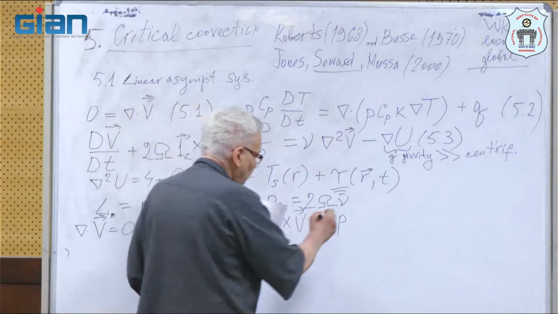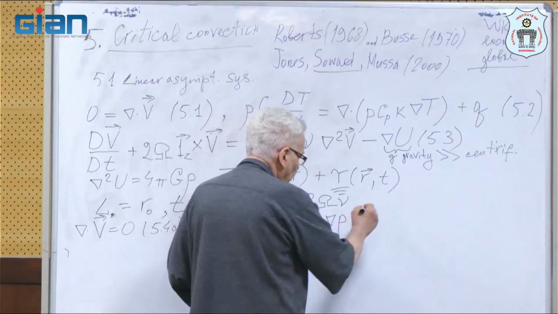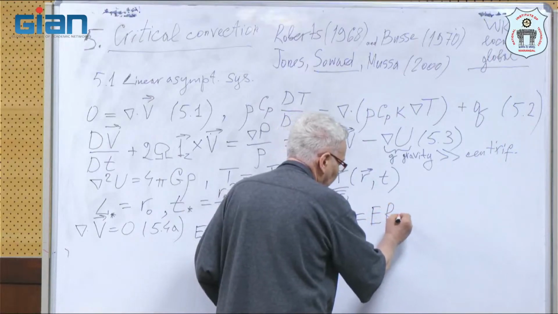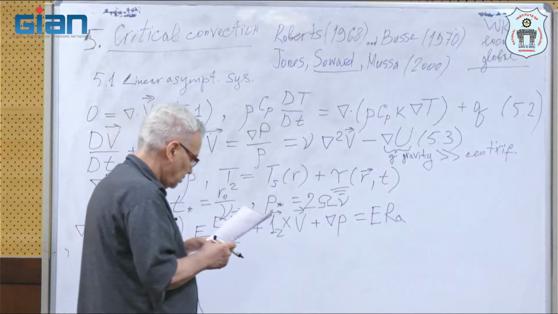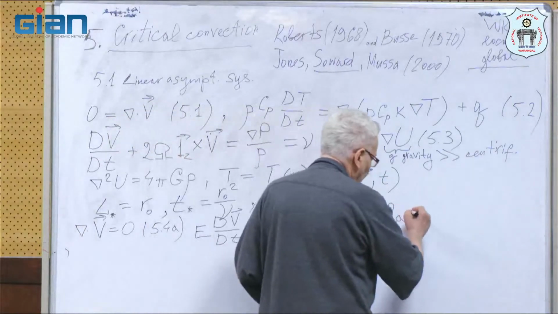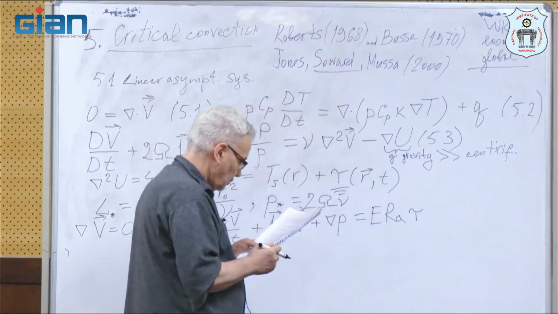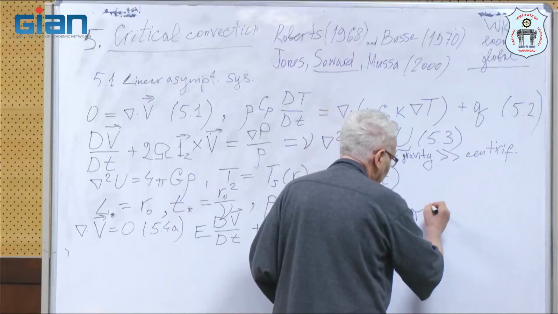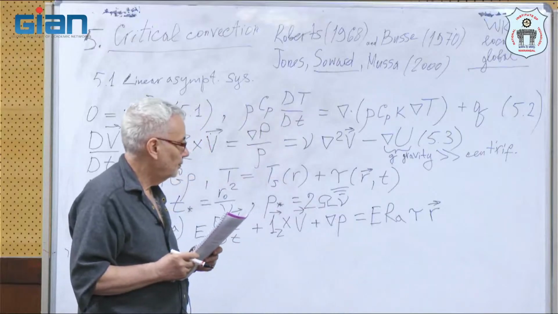And all that is equal to, again, the Ekman number. Then the Rayleigh number appears. I will describe it later. And in front of the Rayleigh number, we have this tau, which drives the convection. And there is simply the radial spherical vector.